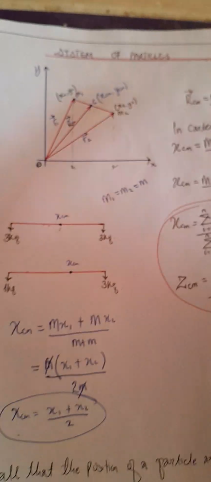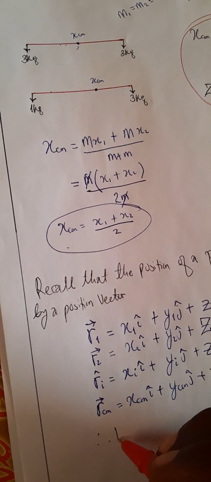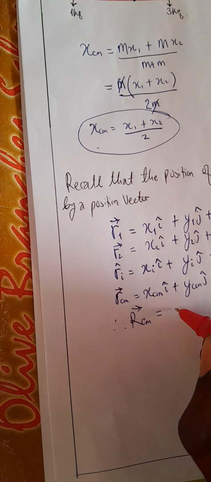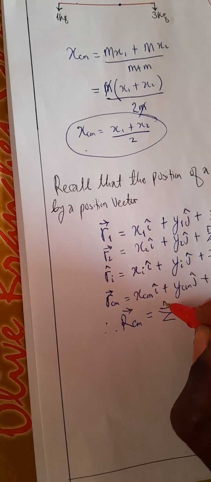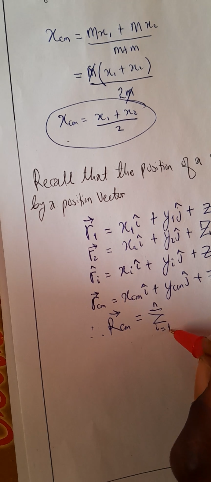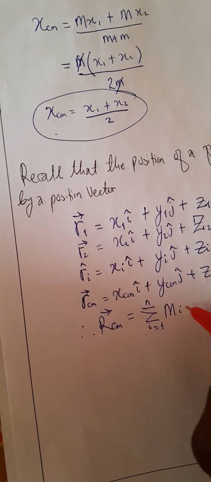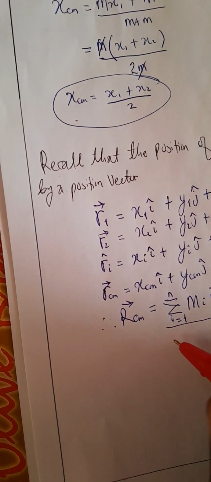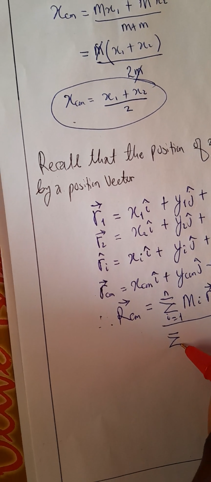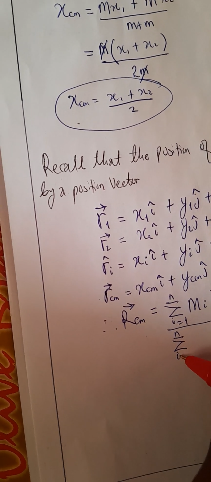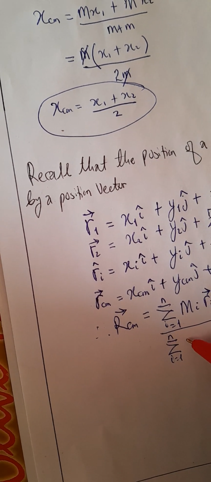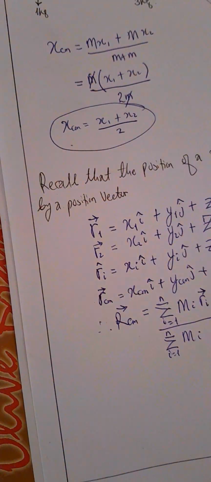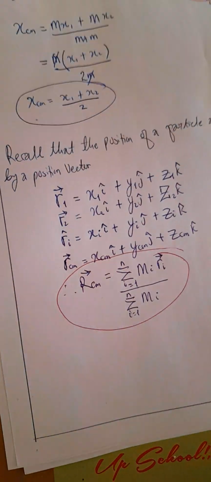Therefore, rcm equals the summation from i equals 1 to n of mi ri over the summation from i equals 1 to n of mi. So this is the general formula.